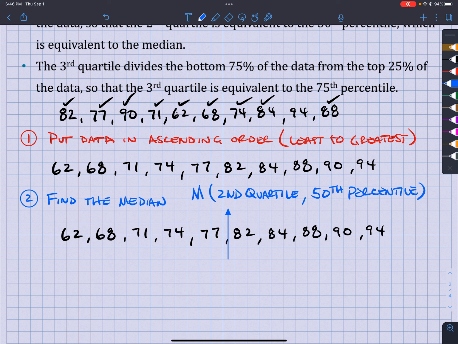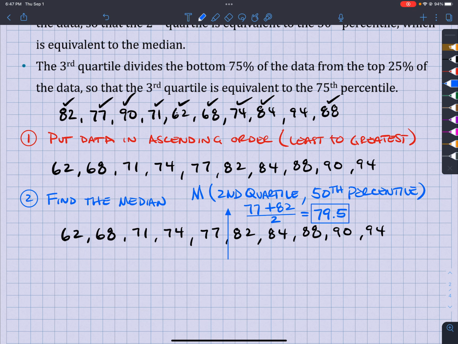What we have to do is take the 77 plus the 82, because it's between those two numbers, and divide it by 2, which I get 79.5. Okay? So let me go ahead and box that up. There I go. All right.